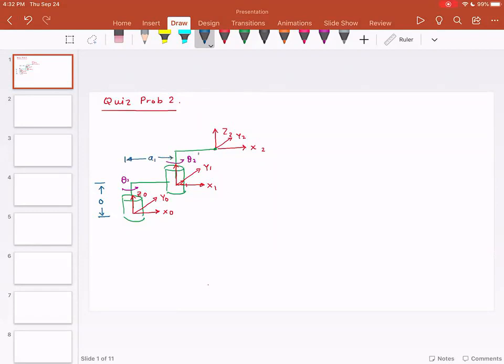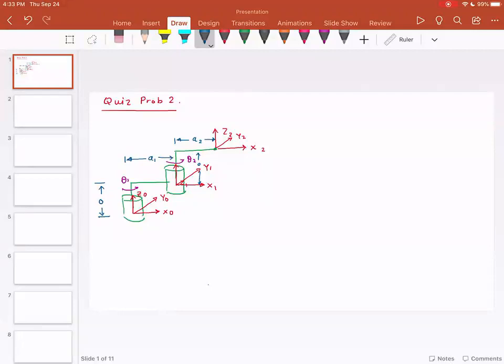This distance is 0. And this distance is A2. Are you with me so far? This is how the kinematic diagram looks for your quiz problem number 2. Now what we have to do is work out this problem using DH parameters.